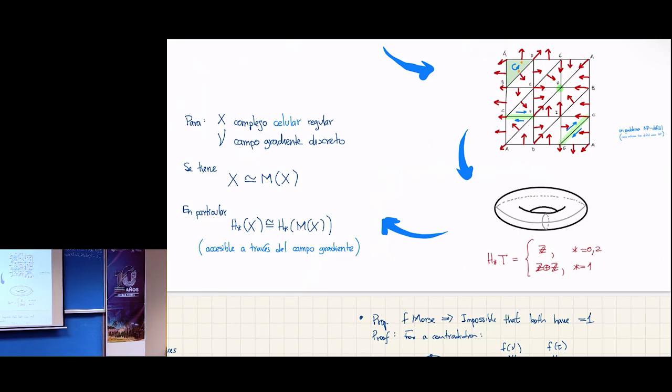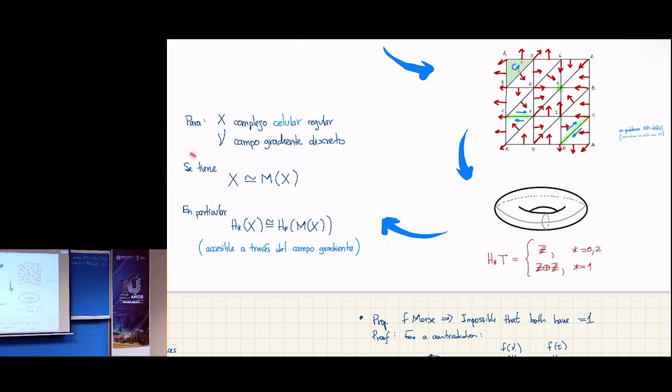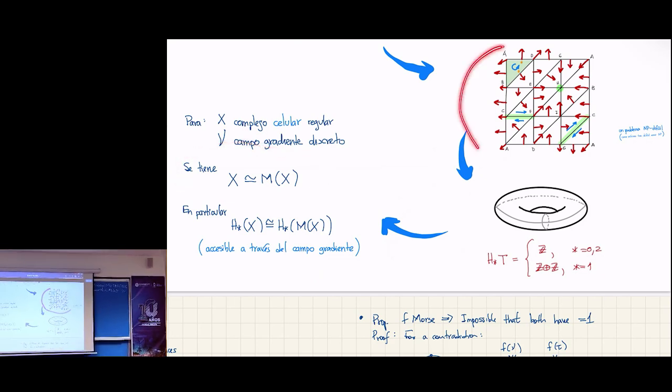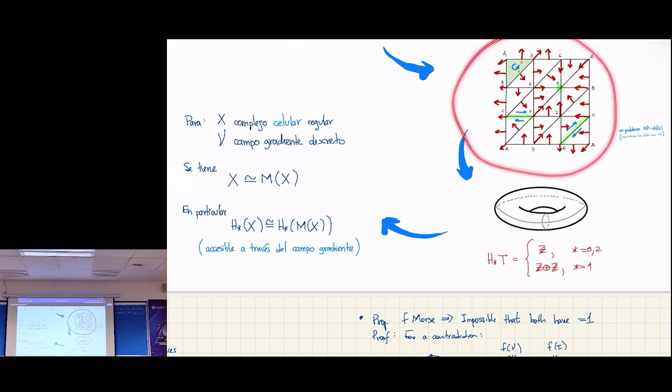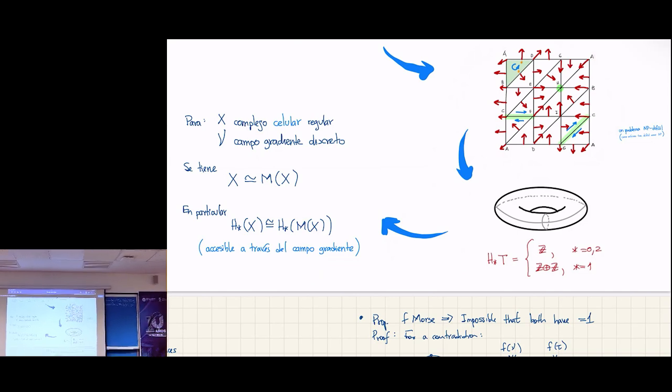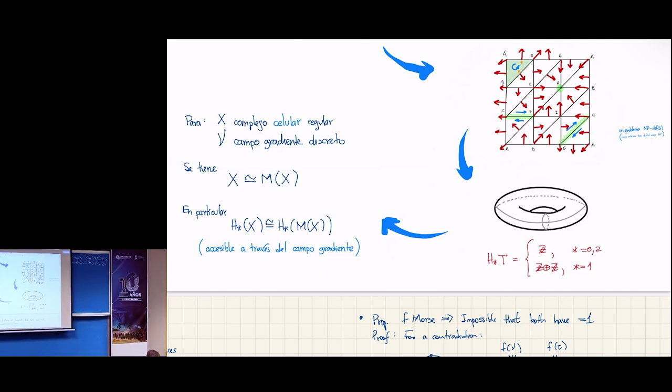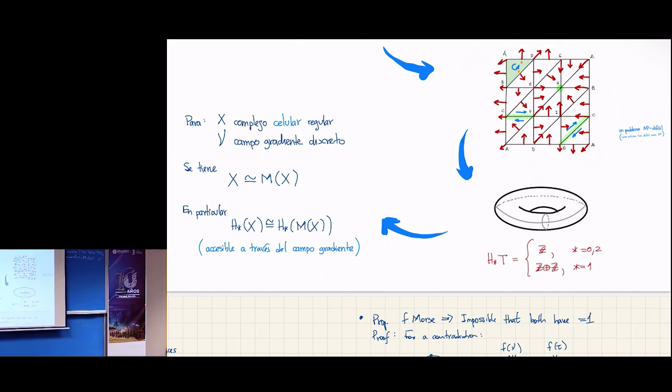And of course, one has this theorem, which is quite transparent here. If you have a simplicial complex and you have been able to produce a gradient field, then the homotopy type of the original complex is actually the same as the one that I just described.